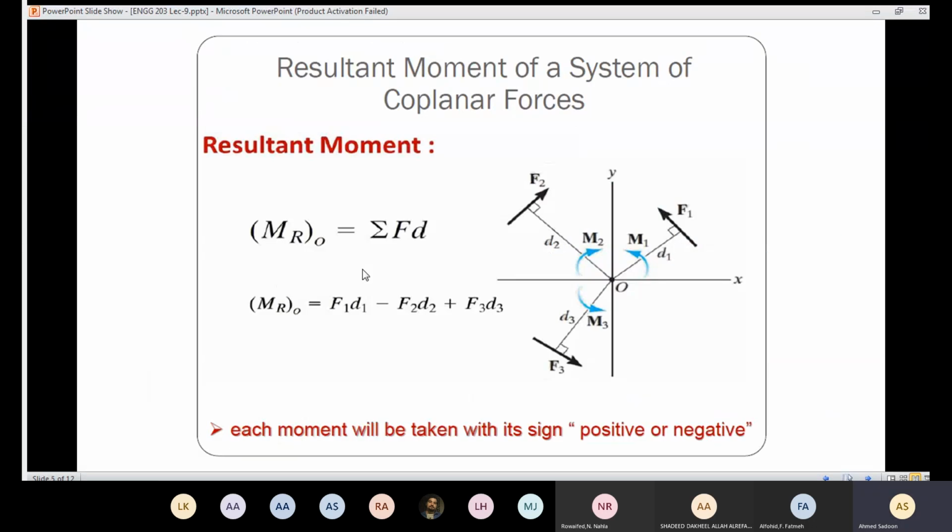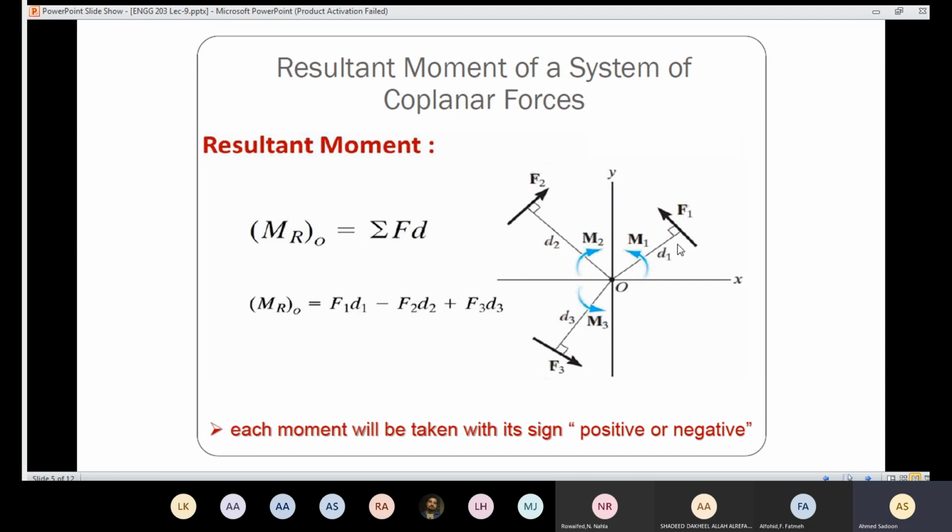And sometimes when I have a body, I'm going to have more than one force. Like we learned previously, I could have F1, F2, and F3. And in that case, since I have D1, D2, D3, I'm going to have three moments. So I'm going to have moment 1 as a result of F1, D1, a moment as a result of F2, D2, and a moment as a result of F3, D3.